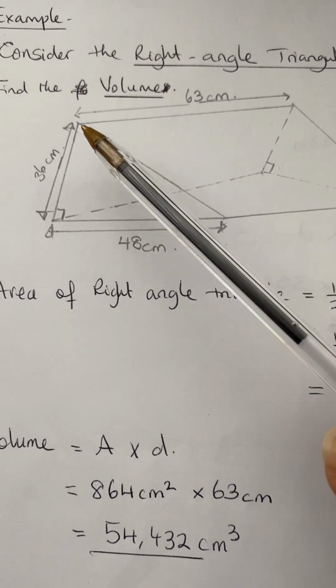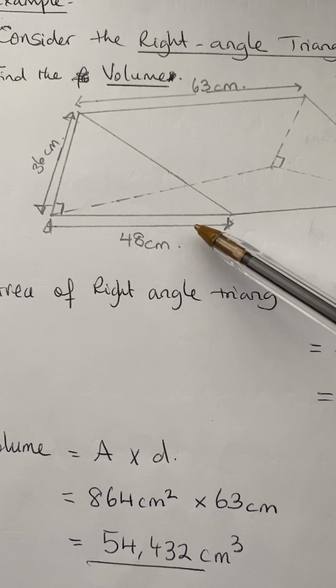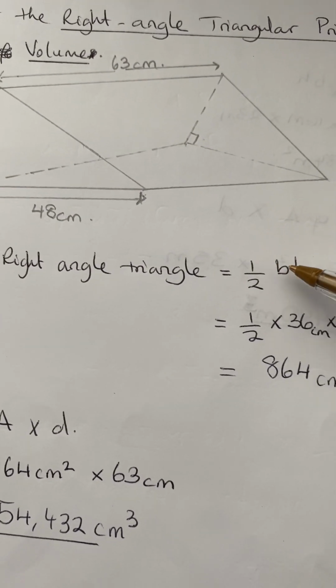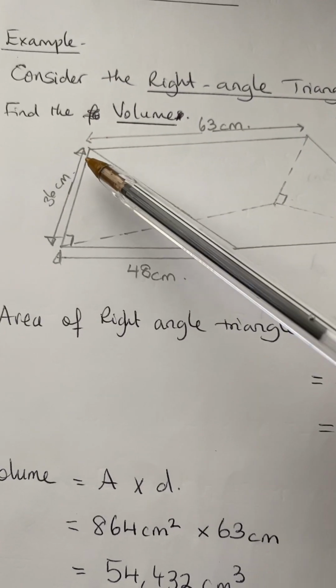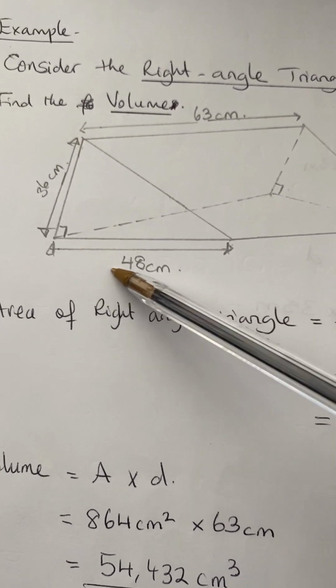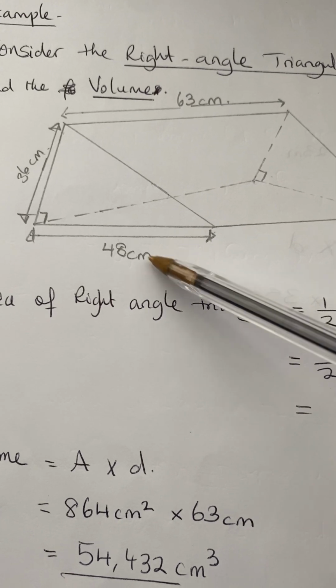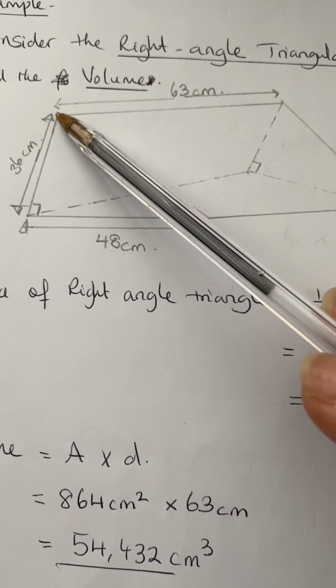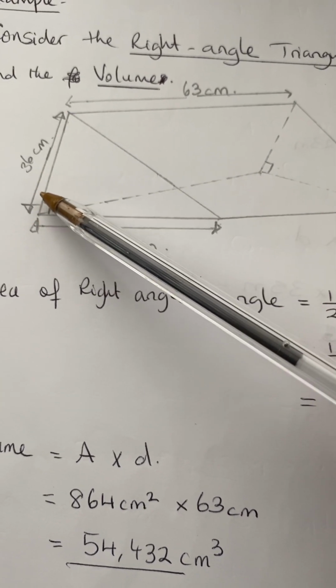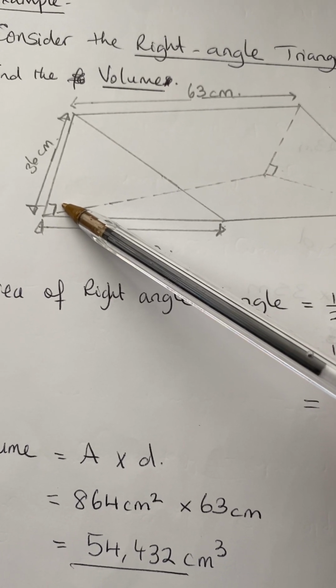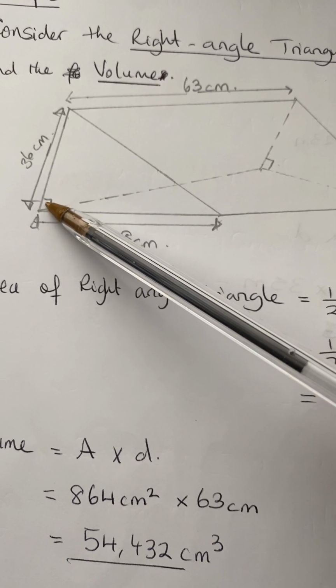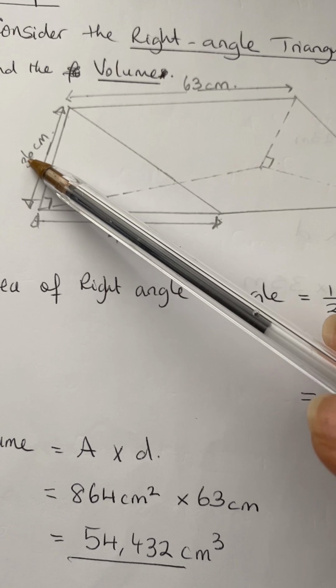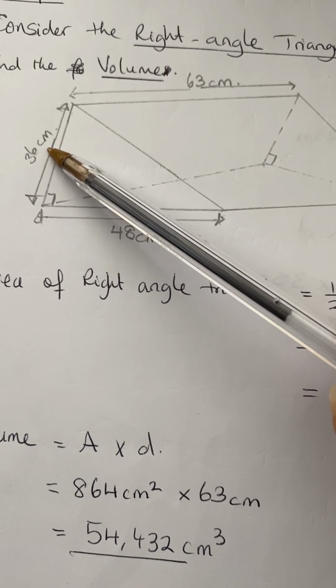So first we need to find the area, okay, which is half base. The base here will be 48 centimeters, and the height is a perpendicular height because it makes an angle of 90 degrees, and the height is 36 centimeters.